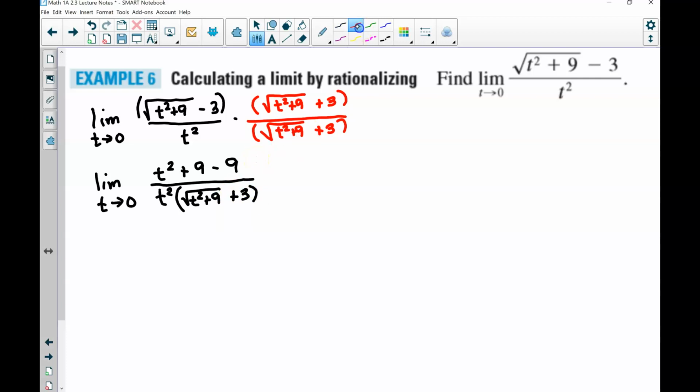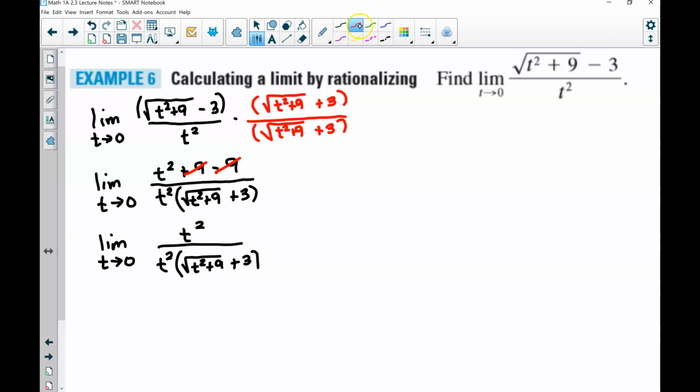Now what we notice here is that when we combine like terms in the numerator, 9 minus 9 becomes 0. And now we end up having the limit as t approaches 0 of t squared, all over t squared times the square root of t squared plus 9, plus 3.